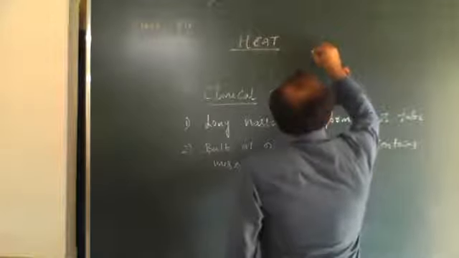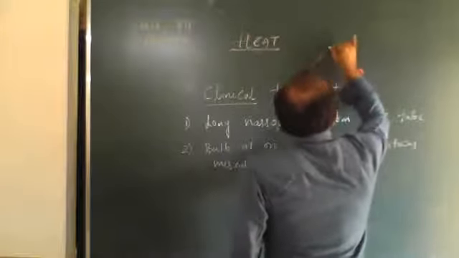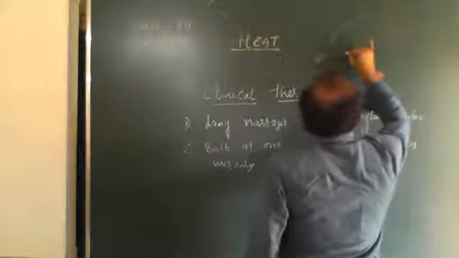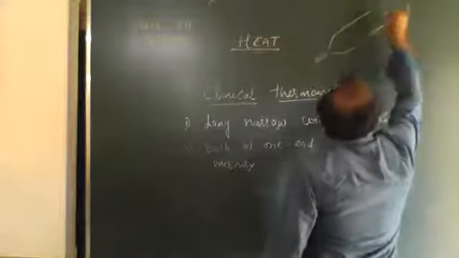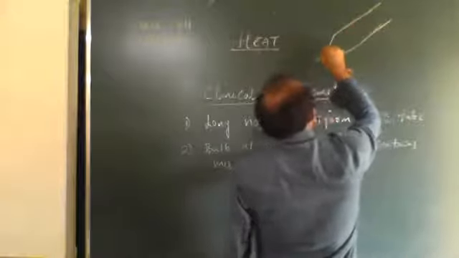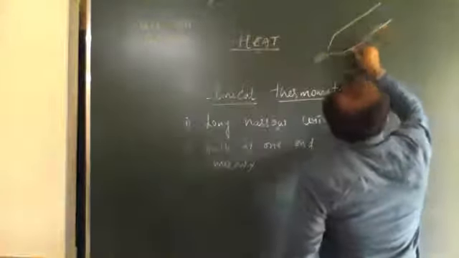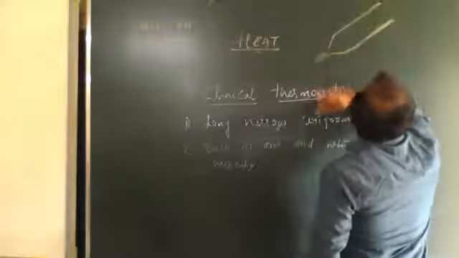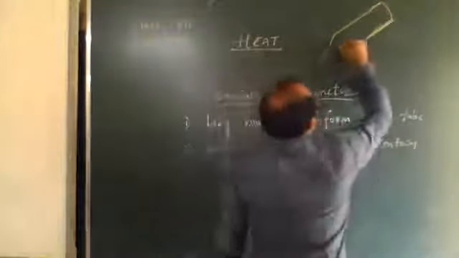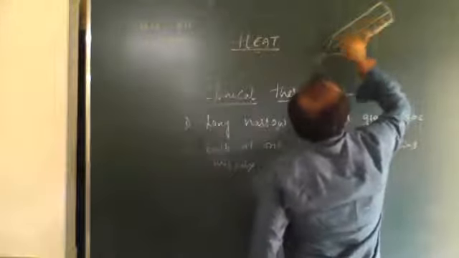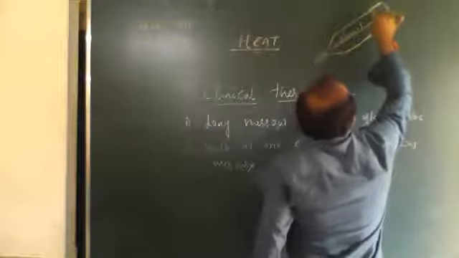So this is the bulb, at one end, and it contains mercury. Then this is the glass tube, and here we can see a white thread-like structure, and here the scale is present: 1, 2, 3, 4, 5.